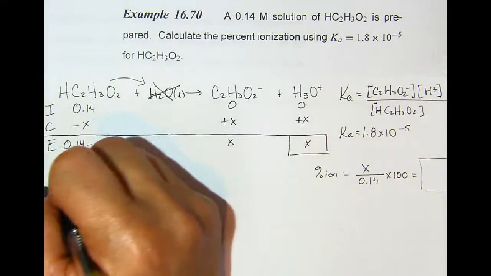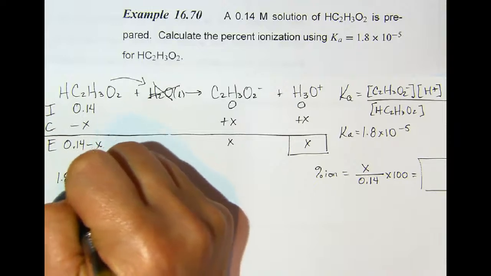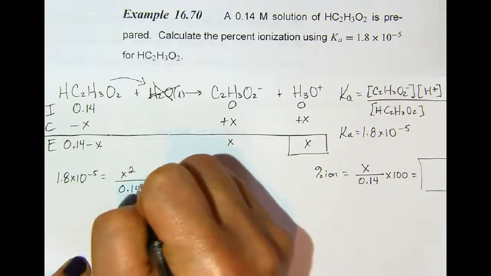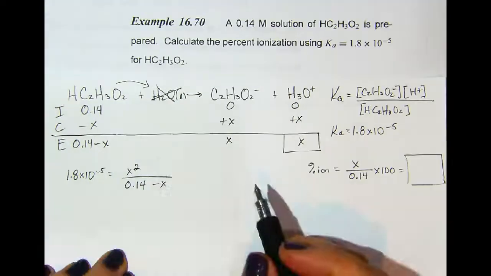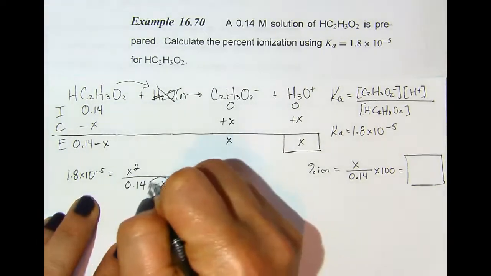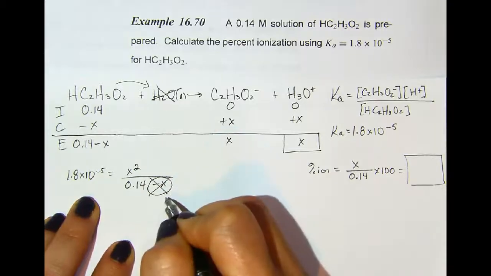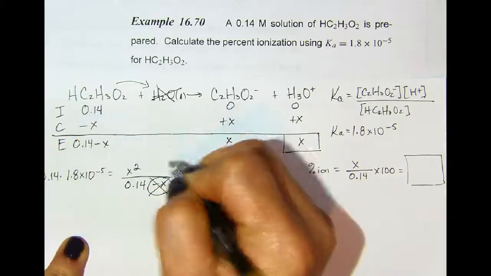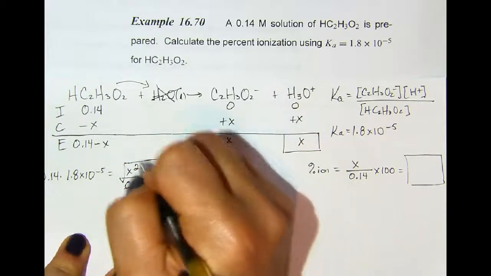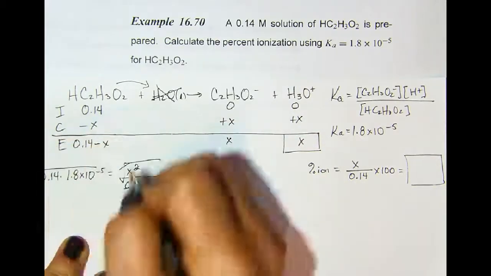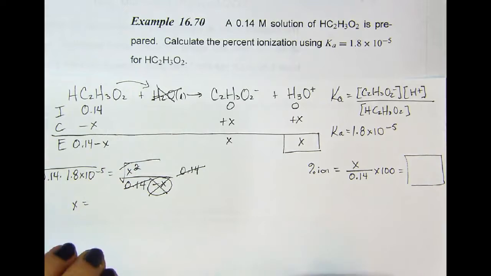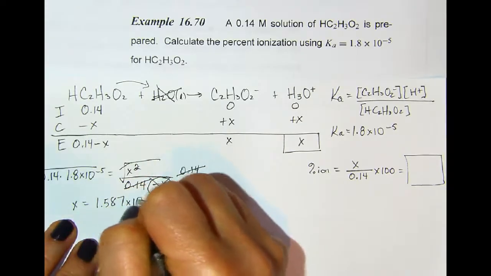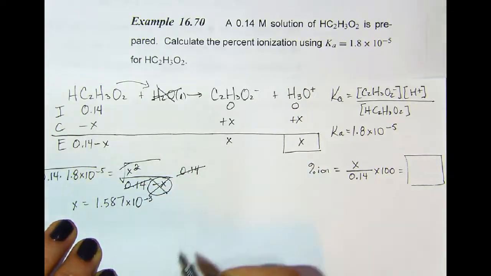So here, we're going to put in our 1.8 times 10 to the negative 5 equals x squared over 0.14 minus x. Because this value is very small, we're going to make our approximation that this is negligible. So I'll multiply both sides by 0.14, and if I take the square root, that'll cancel this, and the square root of both sides would give me the value for x, which is 1.587 times 10 to the negative 3.